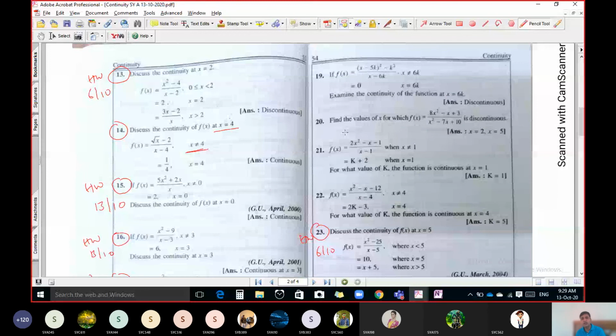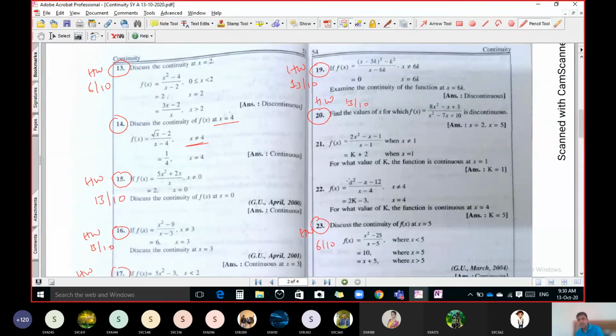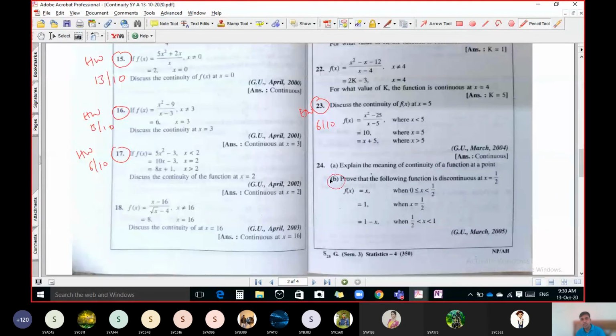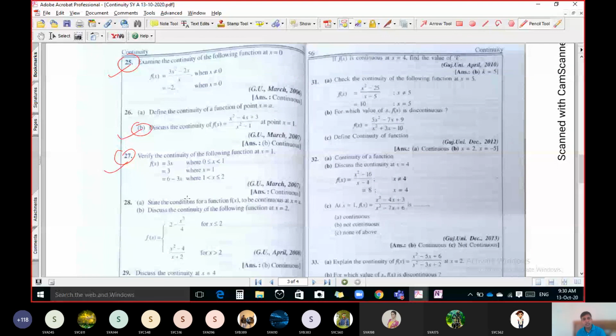Okay, 19 also homework. 21 and 22 we will discuss in our next lecture. 24b homework. 25 homework. 26b homework. 27, 28b homework. See, these all are examples of university exams.